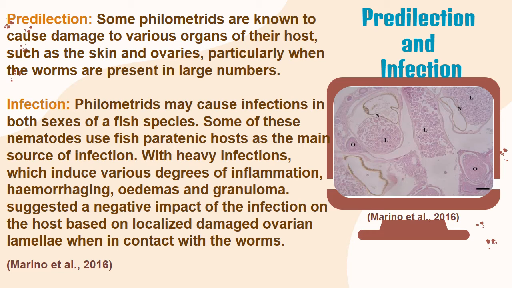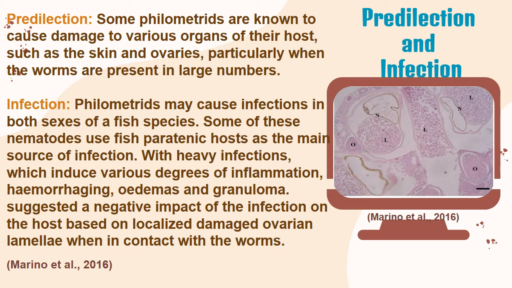Predilection and infection of Philometra sp. Predilection. Some philometrids are known to cause damage to various organs of their host, such as the skin and ovaries, particularly when the worms are present in larger numbers. Infection. Philometrids might cause infection in both sexes of a fish species.